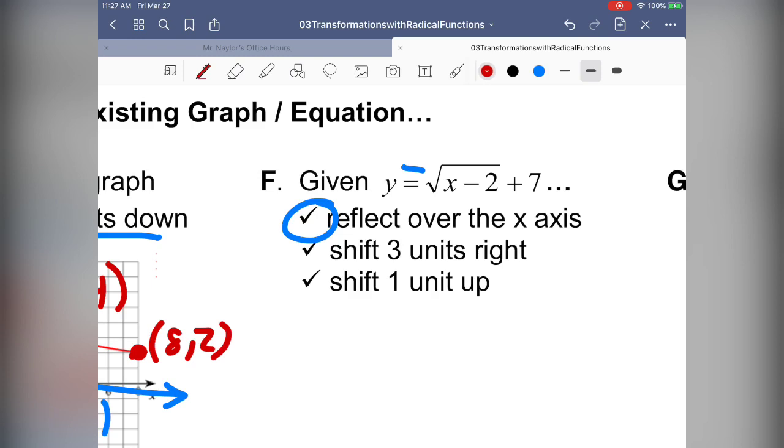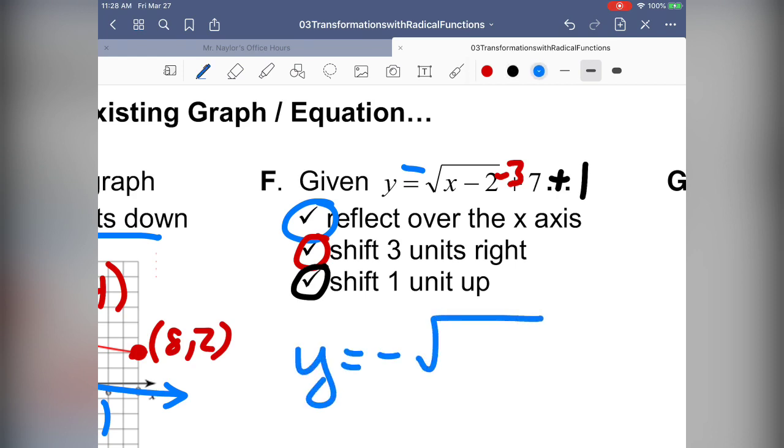If I want to shift the graph 3 more units to the right, then I could subtract 3 more. Of course, that's from the inside. And if I want to shift it 1 more unit up, then I could add 1 more at the end. What I want you to see is that we're taking what we start with and moving it more. So of course on the inside I now have a -5, and on the outside I have a +8.